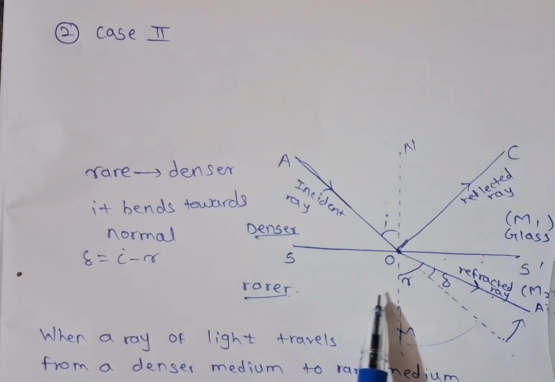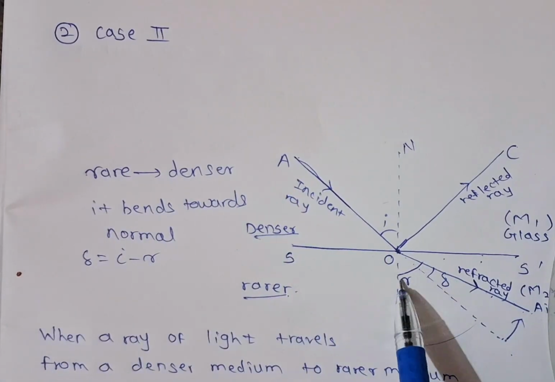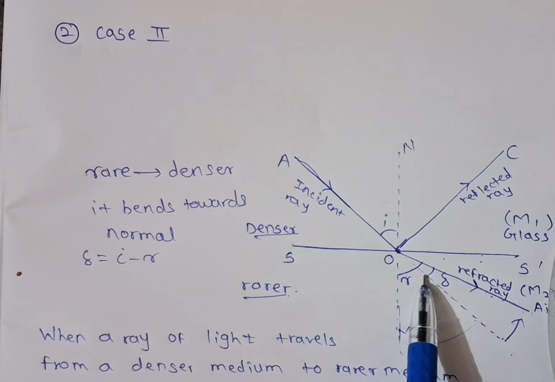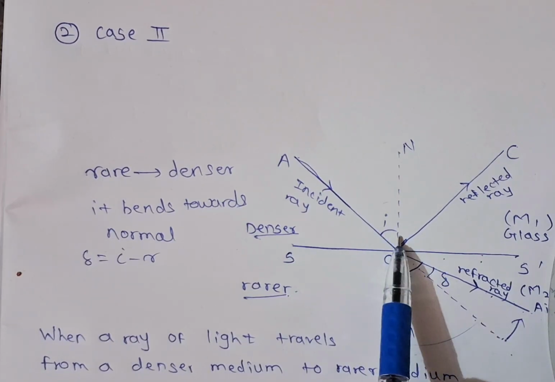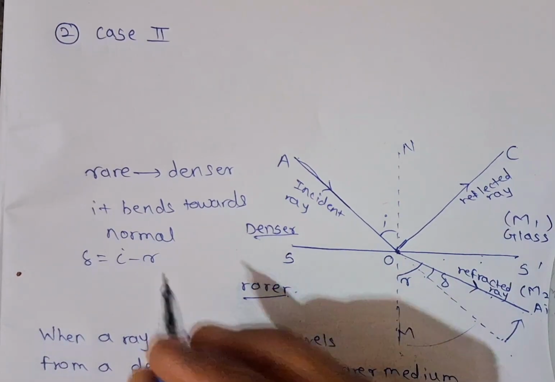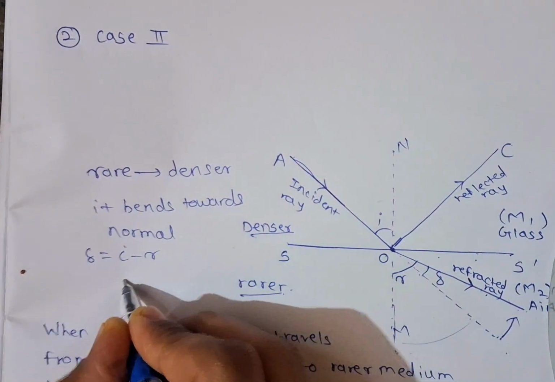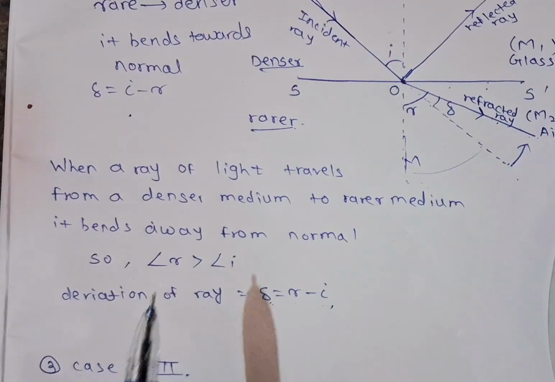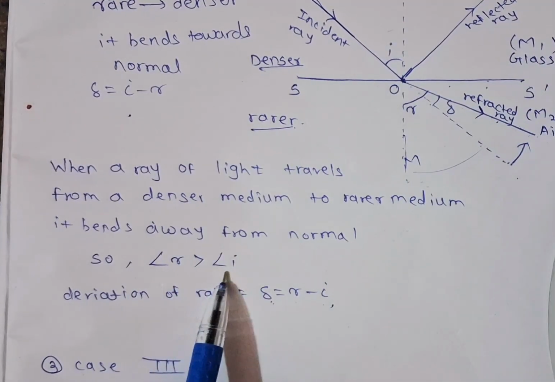So this is case 2. Now in that case, this R, this angle of refraction, is greater than the incident angle. So here we note that angle R is greater than angle I.